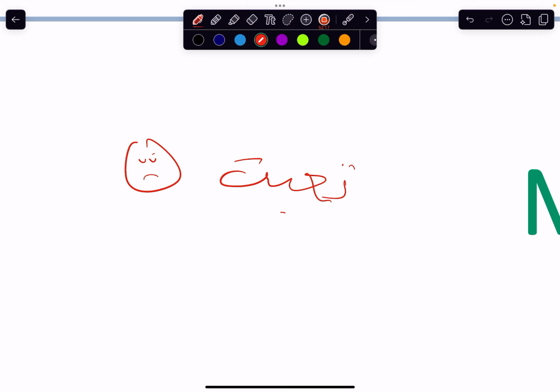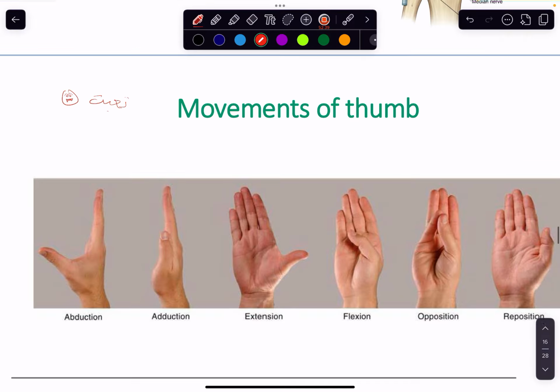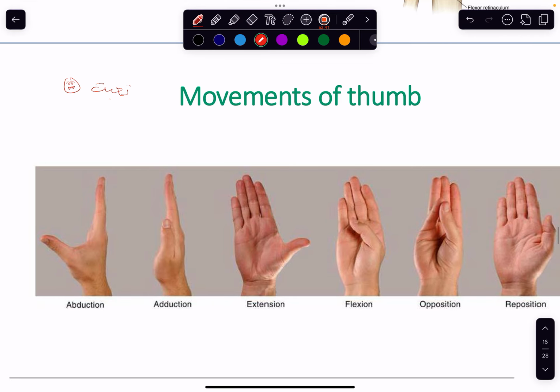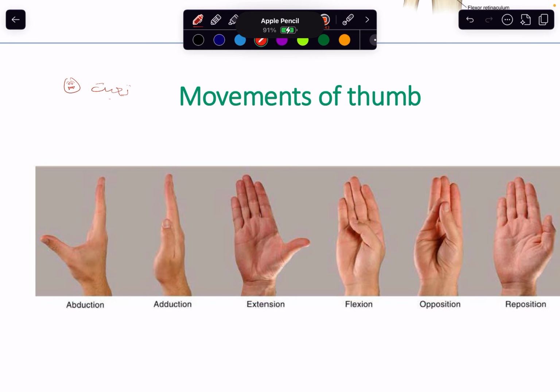And opposition and reposition. Opposition, when you are touching thumb and the little finger, this is the opposition. So opponens pollicis and opponens digiti minimi both perform the opposition action, right? And reposition means when your thumb is in the same plane with all the digits, right? So this is the reposition.